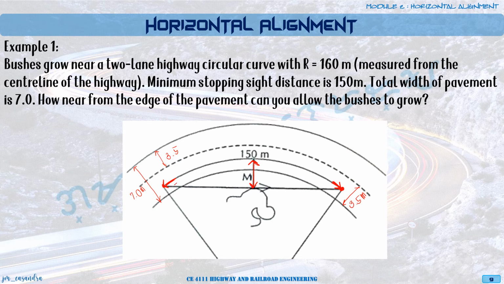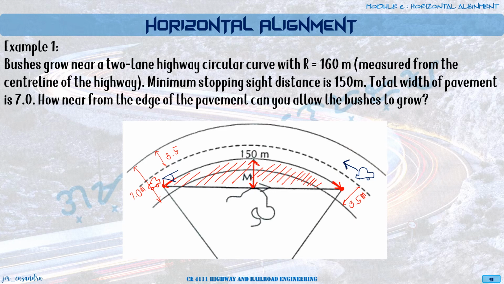So this means that at this portion, it should be clear or unobstructed so that when a vehicle is at this point, it will be able to see another vehicle going in this direction.